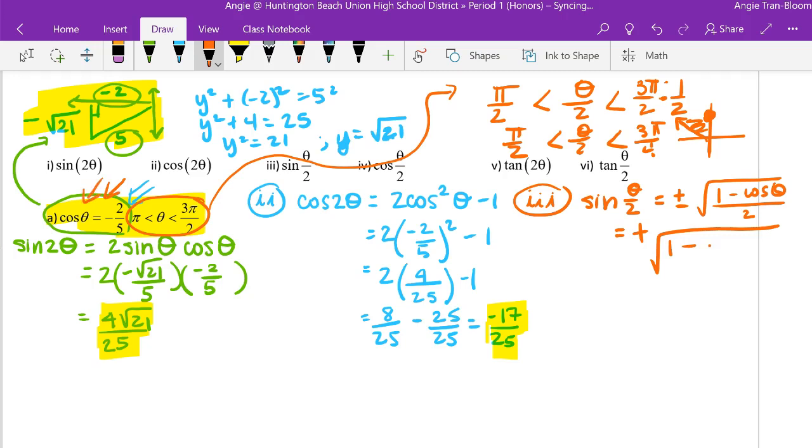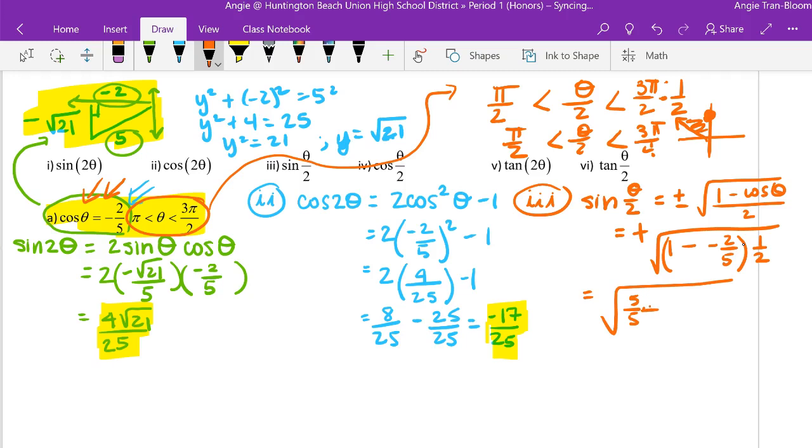Cosine theta is negative 2 over 5. Divide all of this by 2, which I'll write as multiplication by a half. Then let's do some basic math. Big radical again. I find the common denominator, which is 5 over 5.